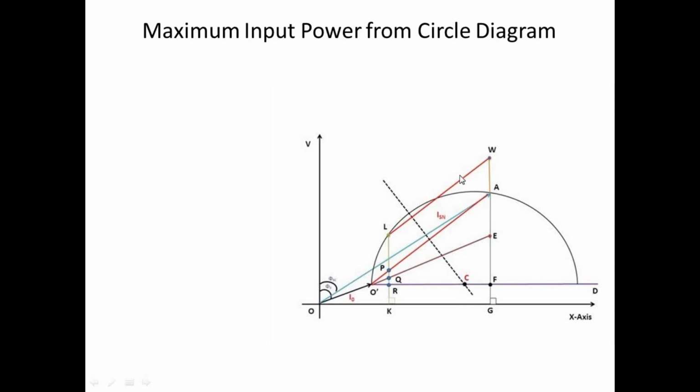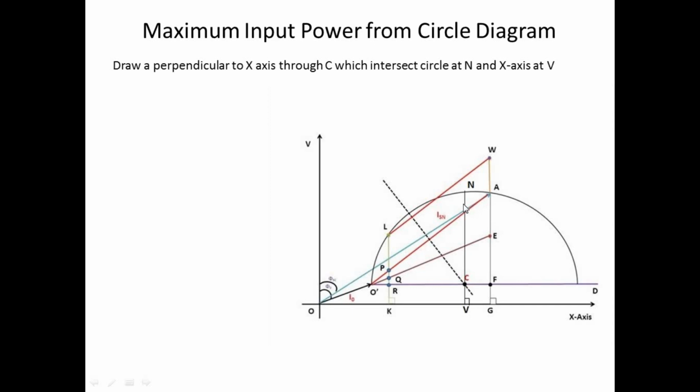We can find this by drawing a line perpendicular to the x-axis through the center C. So this line will be maximum compared to all other lines. Again, this NC will be the radius of the semicircle.